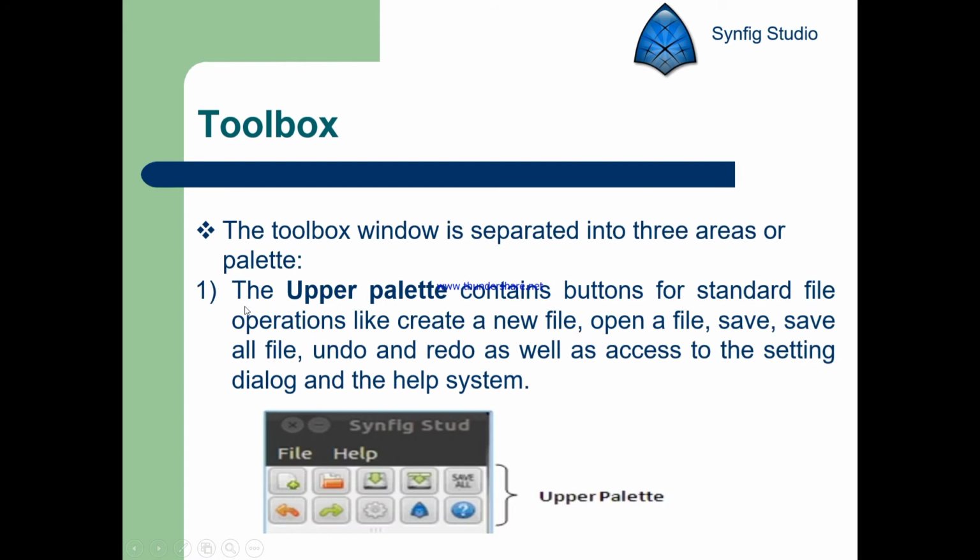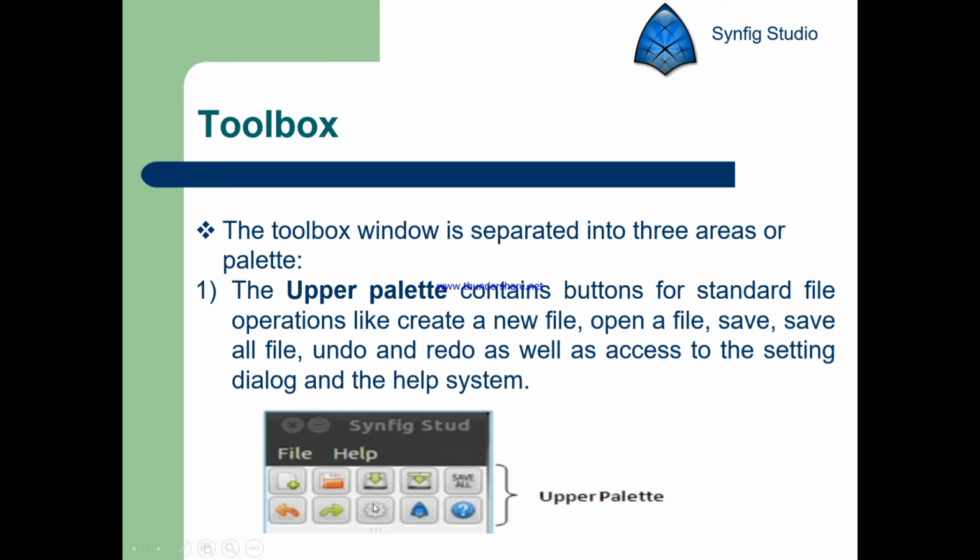The first palette is the upper palette. The upper palette contains buttons for standard file operations like creating a file, this icon is creating a file, open a file, save file, save as file, save all file, undo, redo, as well as access to the setting dialog and the help system.